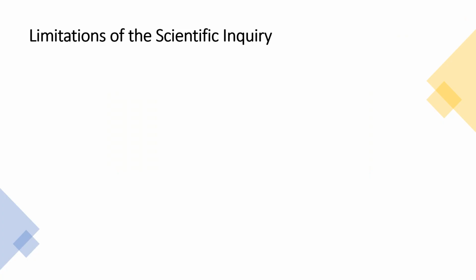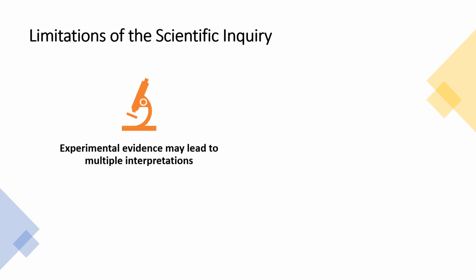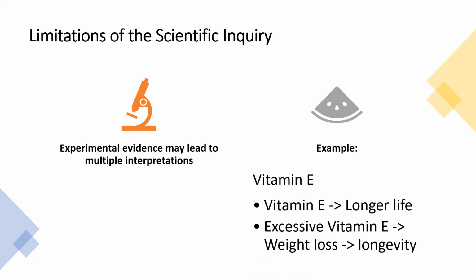Now, we move on to the last topic, which is the limitations of scientific inquiry. Scientific inquiry is neither foolproof nor always easy to implement. One problem is that experimental evidence may lead to multiple interpretations, and even the most carefully designed experiment can fail to provide a definitive answer. Consider the observation that animals fed large doses of vitamin E live longer than similar animals that do not ingest the vitamin.